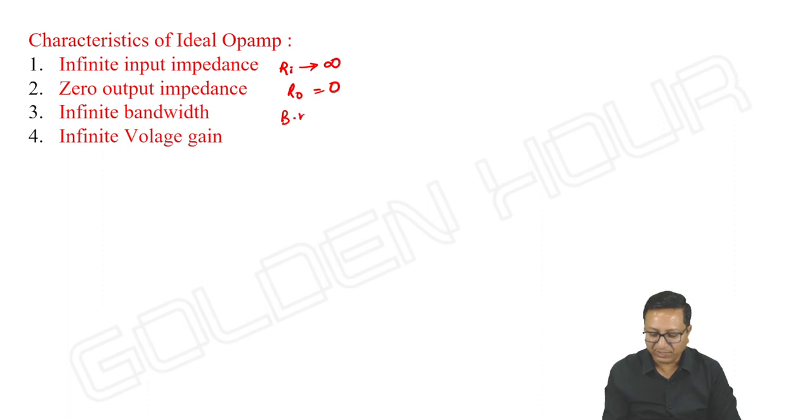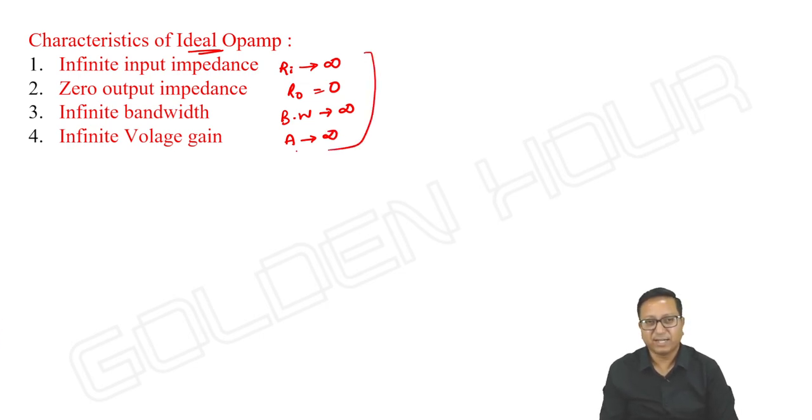Infinite bandwidth; it's an electronic circuit, a system, and it has its own bandwidth, but ideally infinite. Practically input impedance is very large, ideally infinity, and output resistance is practically 10 to 100 ohms, ideally 0. And infinite voltage gain, A tending towards infinity.